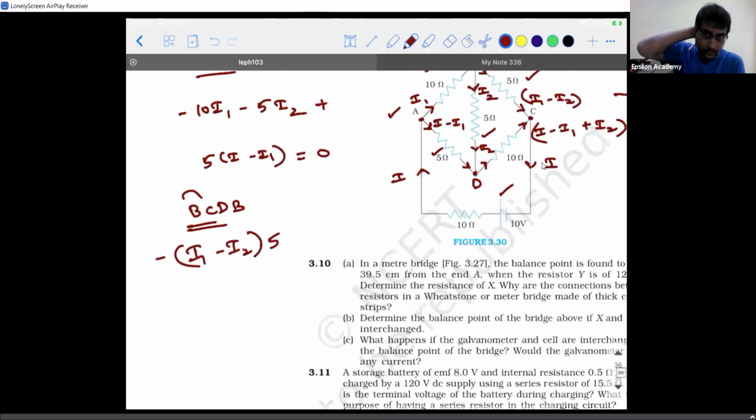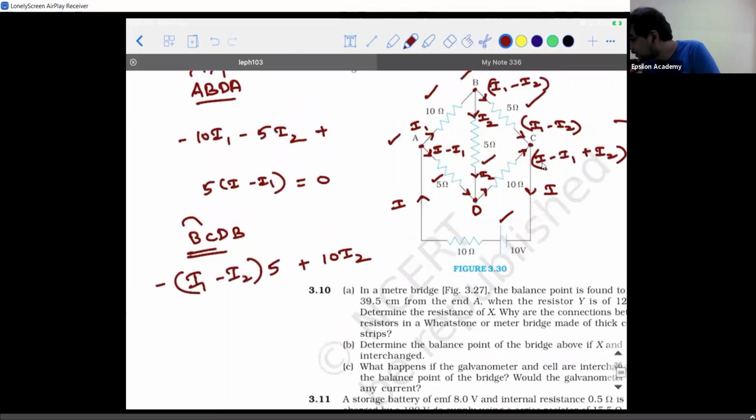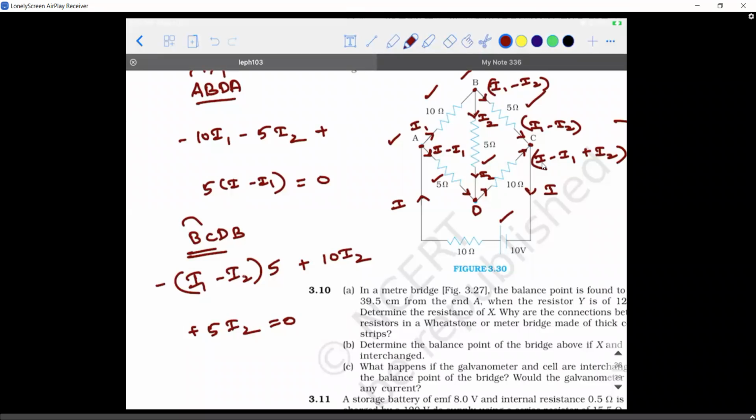Correct? Now when you go from C to D, what will happen? 10I2 with a positive value. When you go from D to B, it is 5I2 with a positive sign. The sum of all these values is equal to 0. Is there any doubt, guys? No, sir.